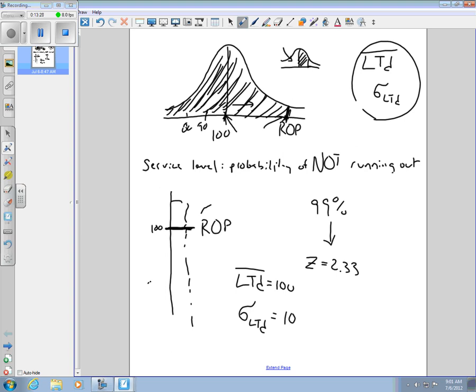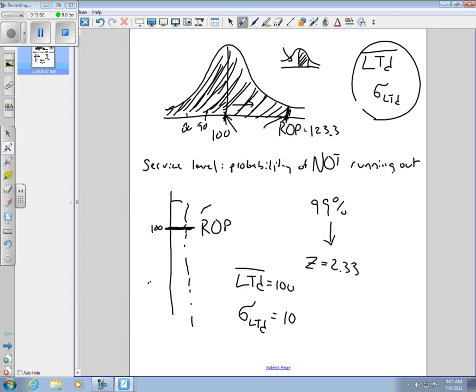What that would mean is if I go over 2.33 standard deviations, I'm going over 23.3 units. 10 times 2.33. So that this ROP would equal 123.3 units. So what would happen is I would use a reorder point of 123.